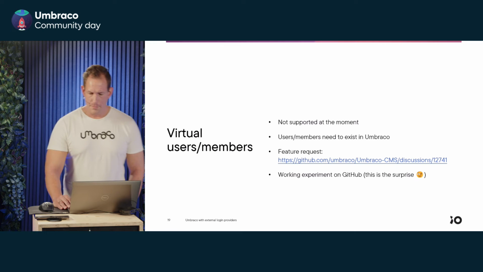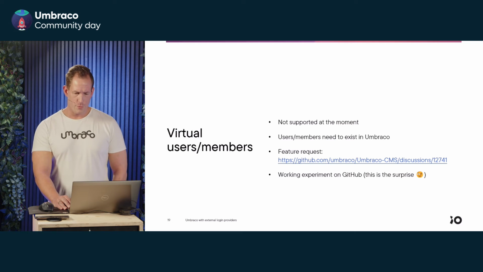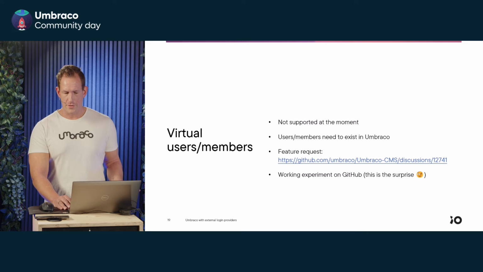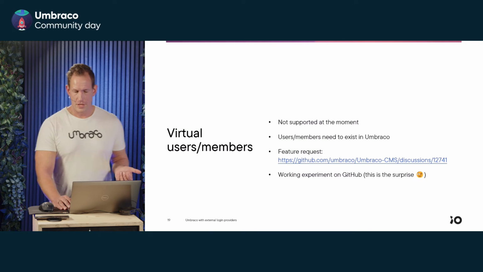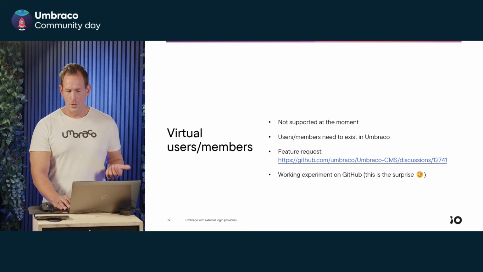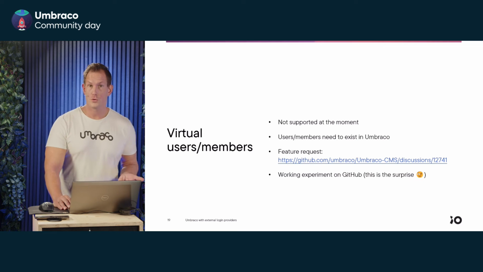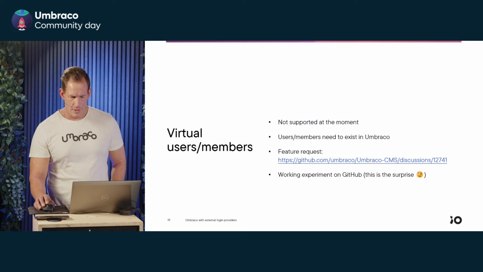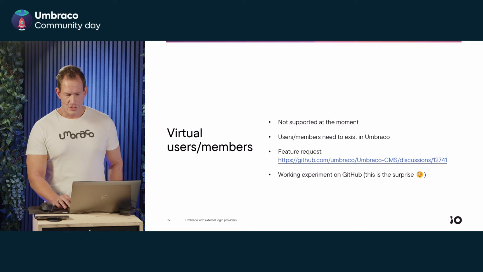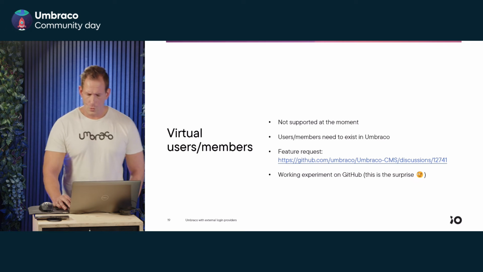When you authenticate members through external providers, Umbraco could create and authenticate a virtual user or member with proper access rights, and this virtual user or member should only exist while their session lasts. This doesn't exist yet, but is a feature request.